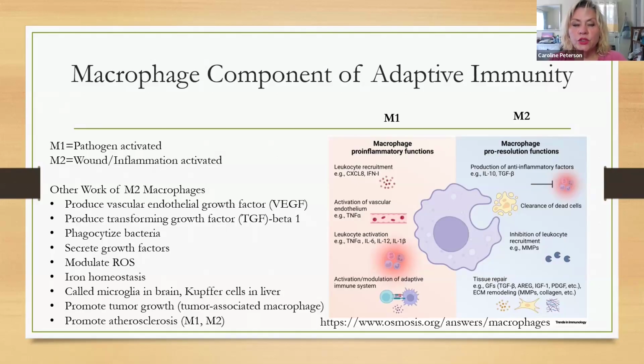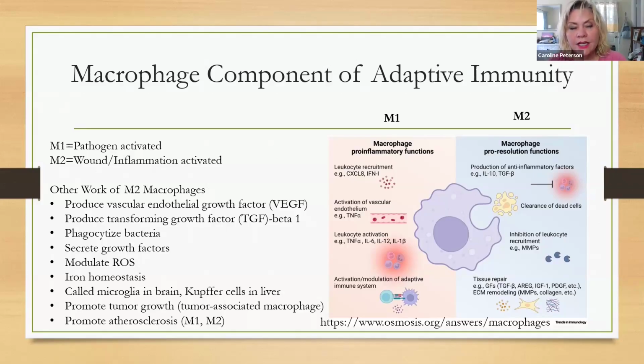And it'll also produce the transforming growth factor so you can get new tissue in that wound healing. It's going to eat up bacteria that could prevent resolution of a wound, for instance. There's going to be growth factors, modulation of reactive oxygen species. Iron will be stabilized.